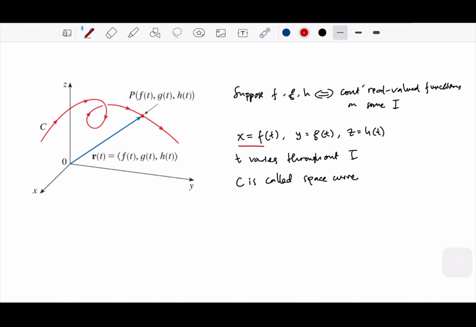The equations that describe x, y, z are called the parametric equations of C, and t is our parameter.